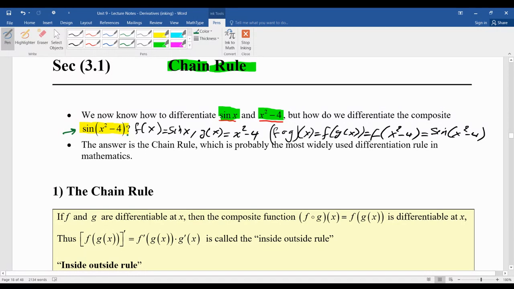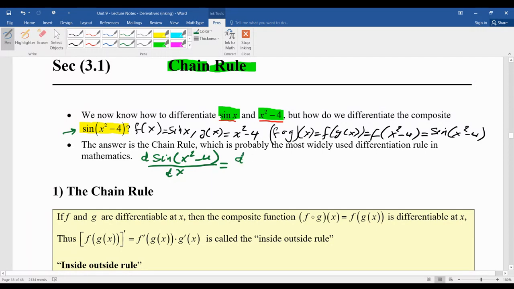So now, how do we take the derivative of a composite function such as sine of x squared minus 4? Well, here's the idea. When we take the derivative of sine of x squared minus 4 with respect to x, I can find the derivative by using the chain rule as follows.